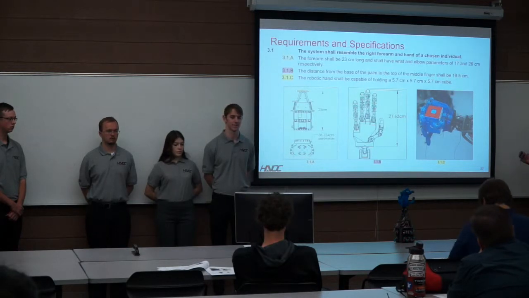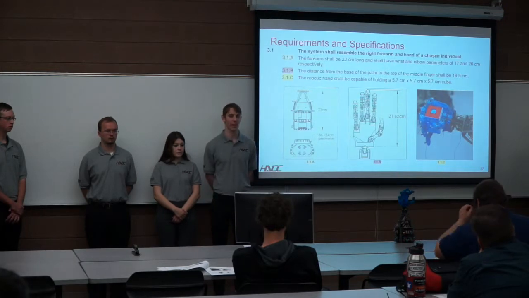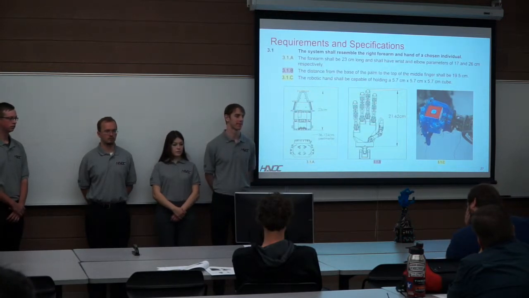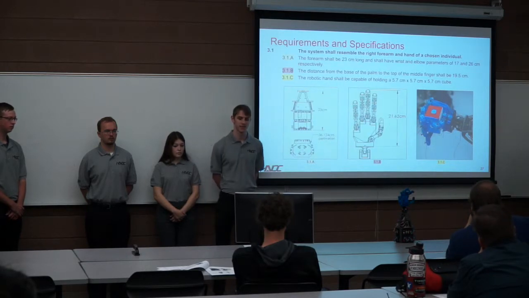Lastly, for our dimensional specifications, we decided on a grasping dimension where it could hold a 5.7 centimeter cube. We were able to verify this using a standard size Rubik's Cube puzzle.